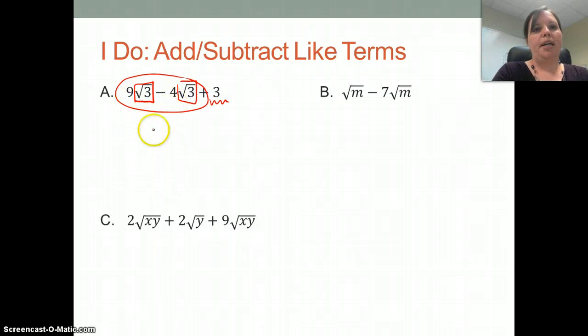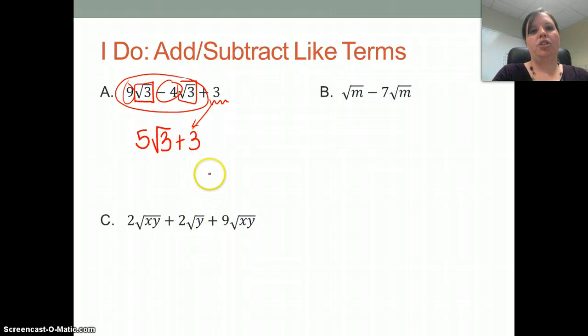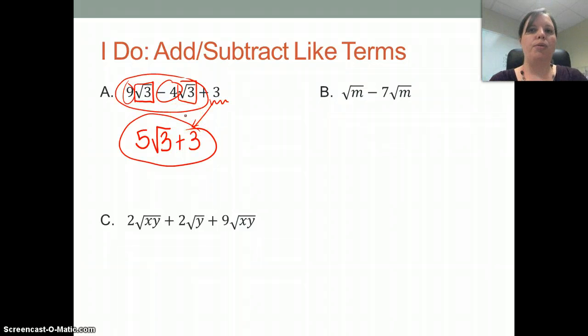So 9 minus 4, I pay attention to the coefficients, and I say, if I had 9 root 3's and I take away 4 root 3's, I'd have 5 root 3's left, and then the 3 didn't get to combine with anything, so it just comes along. Notice it's not under the root. The root ends with the 3 there, so you've got to watch out how far you're dragging that root along with you. You don't want to include more under that square root than you mean to.